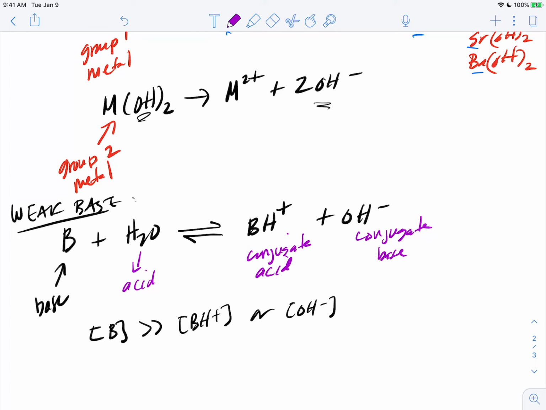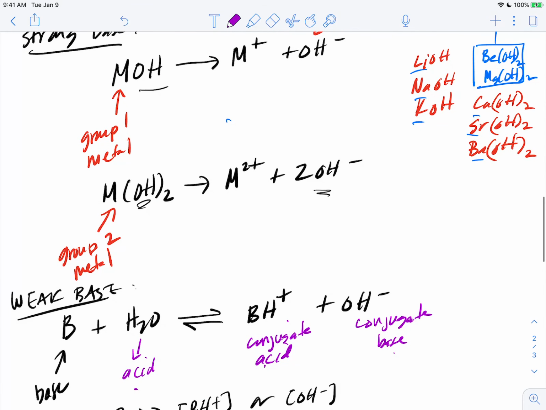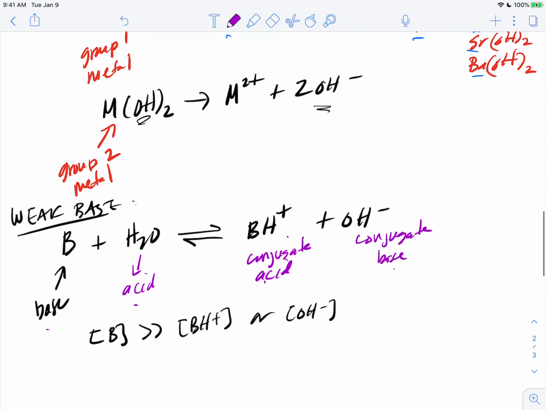So we always have an acid and a base. We always make a conjugate acid and a base. The base becomes a conjugate acid. The acid becomes a conjugate base. Okay? Strong acids, strong bases are strong electrolytes. Weak acids and weak bases are weak electrolytes. All right.